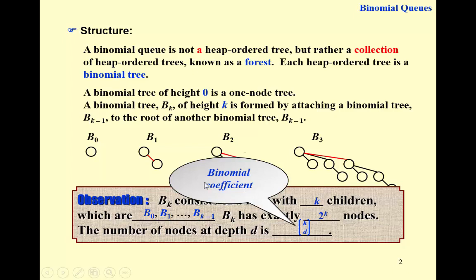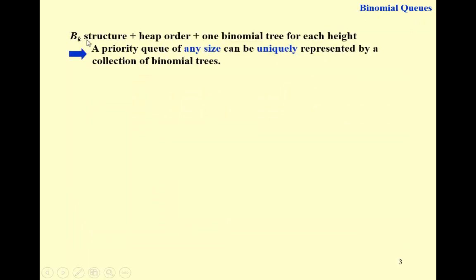Just to remind you, binomial coefficient is the coefficient of each term in the polynomial expansion of the function 1 plus x to the power n. Okay, and so this is the structure of a binomial queue. And we see that, with that binomial tree structure plus the heap order, each tree must satisfy the heap order property.